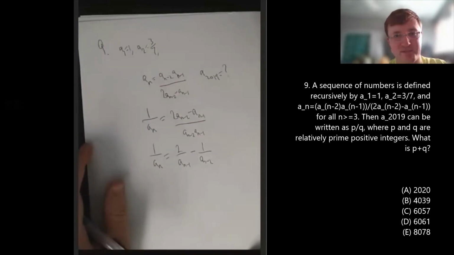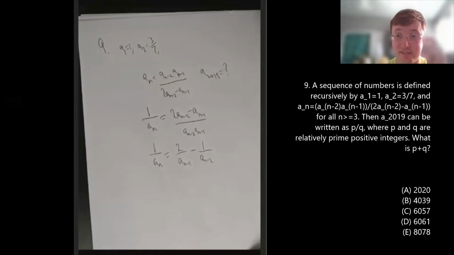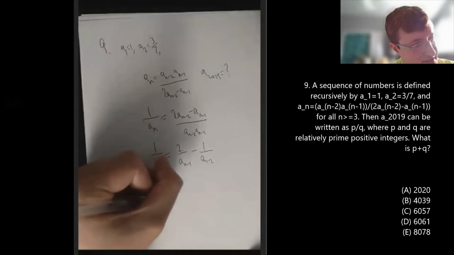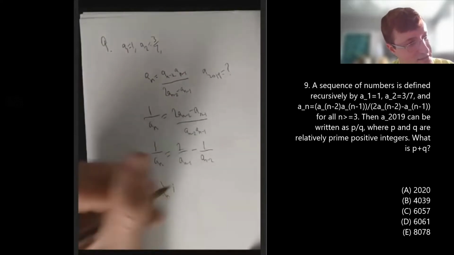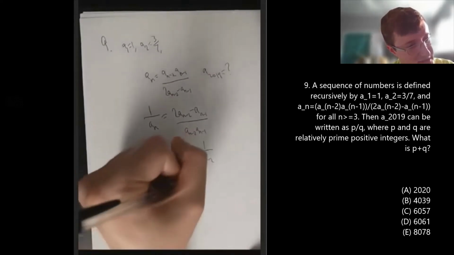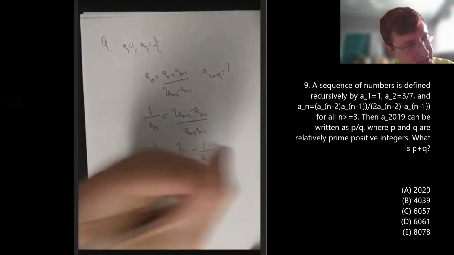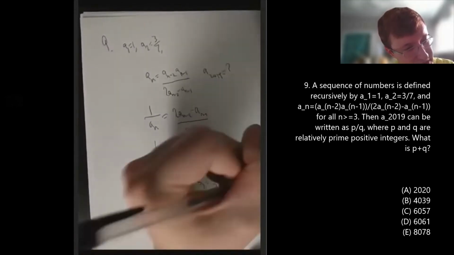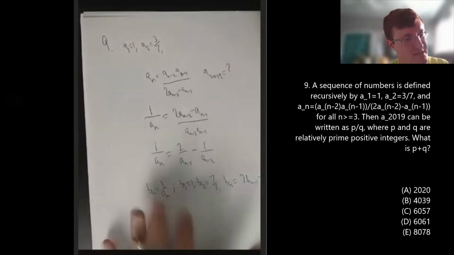Okay, so the reciprocal is a second order recursion. So let's say b_n is 1 over a_n. So b1 is 1, b2 is 7/3, and then b_n is 2b_{n-1} minus b_{n-2}.